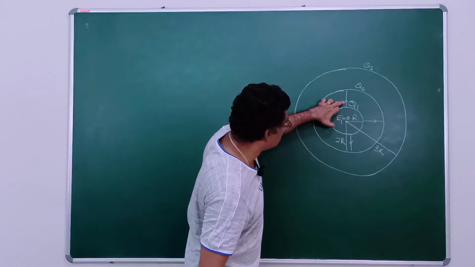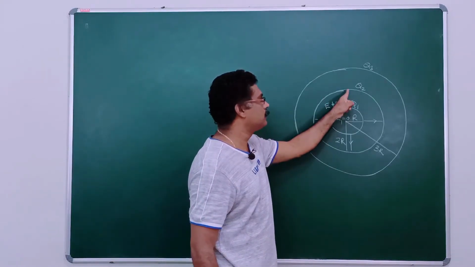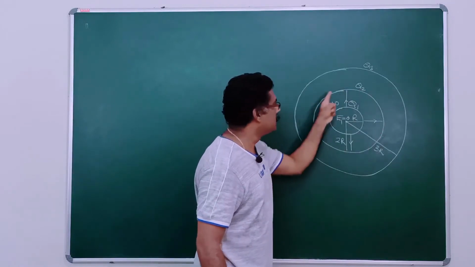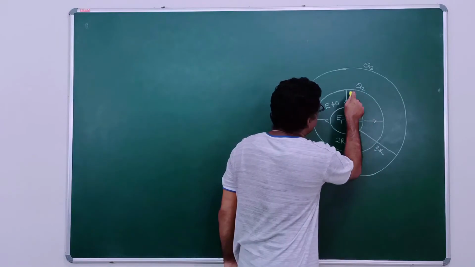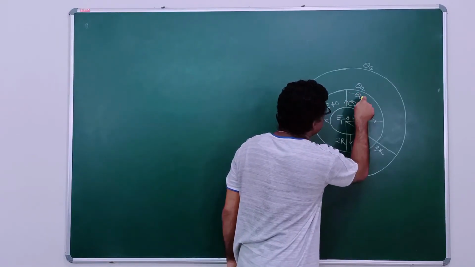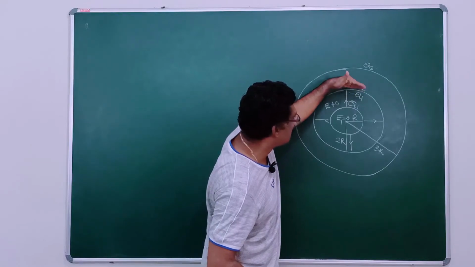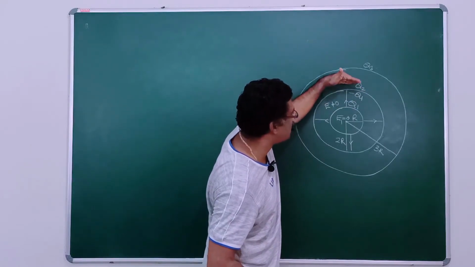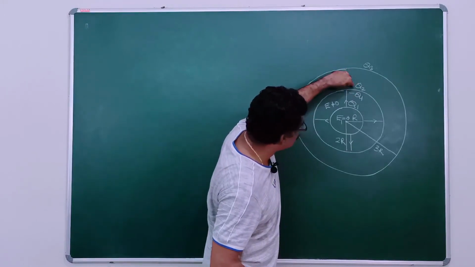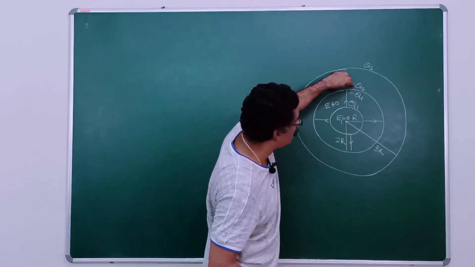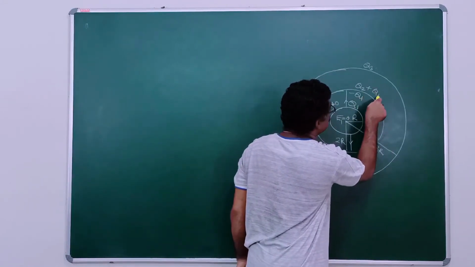Because of this electric field, induction will take place on this shell. So a negative Q1 charge is induced on the inner surface and a plus Q1 charge is induced on the outer surface. The charge given to the second shell is Q2, but the total charge on the outer surface is actually Q1 plus Q2.